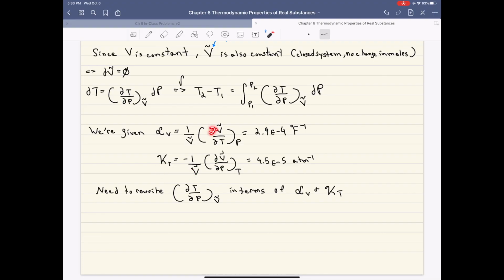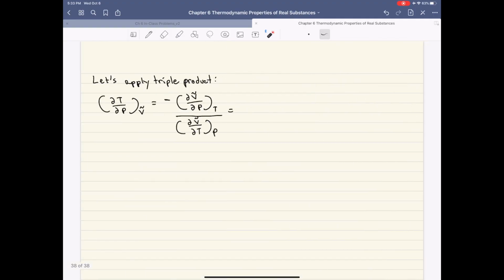And dV/dT at constant P is our alpha parameter if we move volume over here. We can rewrite this ratio from the triple product like this. These volumes cancel out, and what we're left with is that dT/dP at constant V is just a ratio of these two parameters.